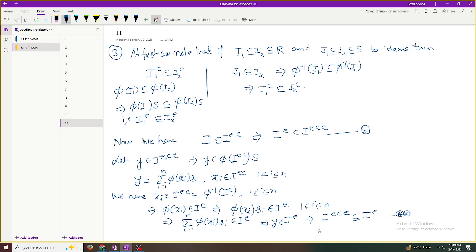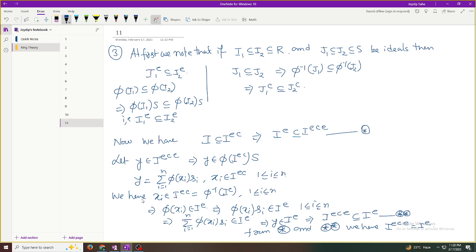From star and double star, we have I extension contraction extension equals I extension.